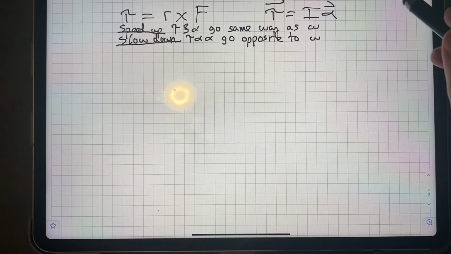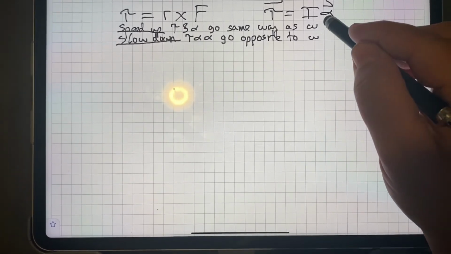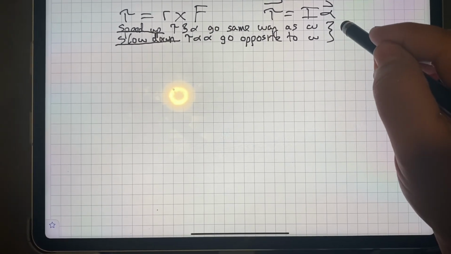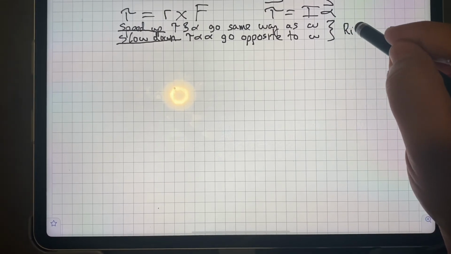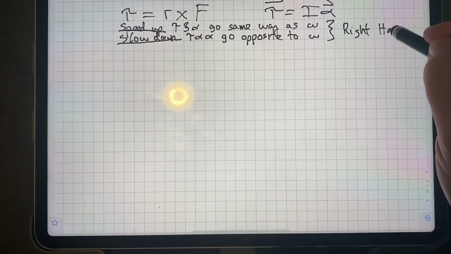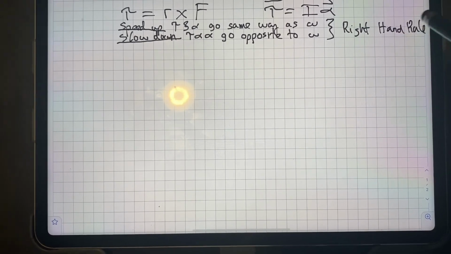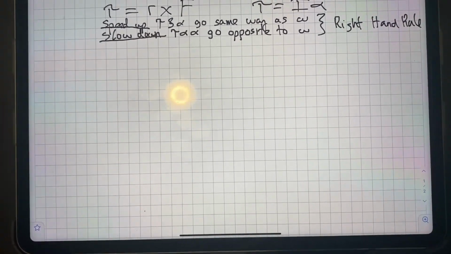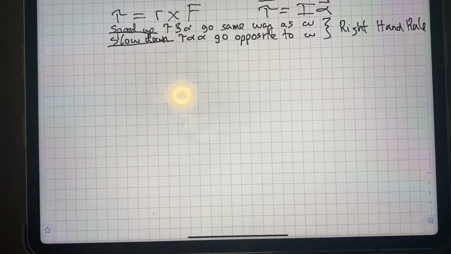So now to figure this out, we need to use what is called the right hand rule, RHR for short. Here's how the right hand rule works.